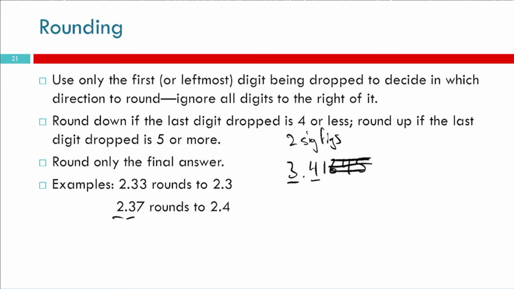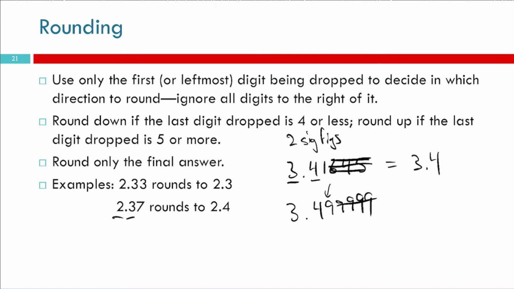We only care what that 1 is, so we'll round this down. So this would be, at 2 sig figs, 3.4. Even if this was 3.499999, it doesn't matter what those other 9s are. The only one we care about is this first one after the one we drop.